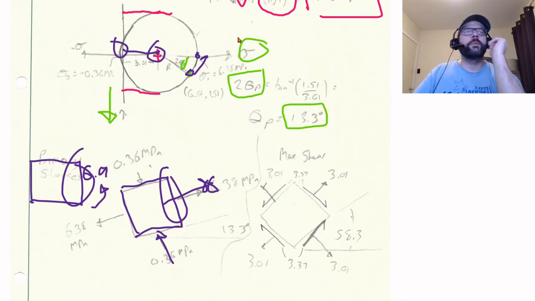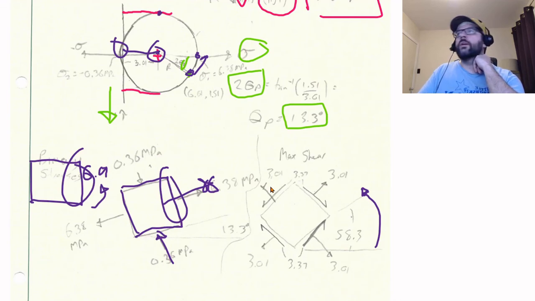We can also figure out where the maximum shear stress is. So if, for example, we instead rotated an additional 45 degrees, up to 58.3 degrees, that'll get us from here up to here.